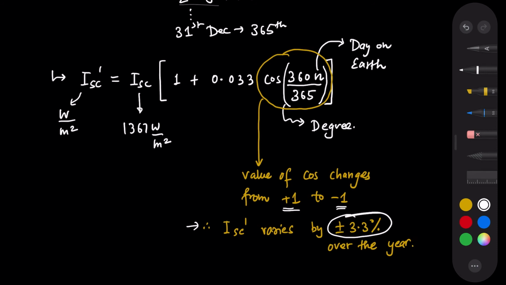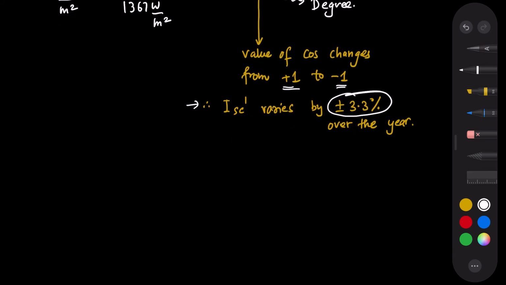Now let us try to draw a graph between extraterrestrial solar radiation and the day on the earth. Okay. So what I'm trying to draw is a graph between ISC dash versus the day on earth.